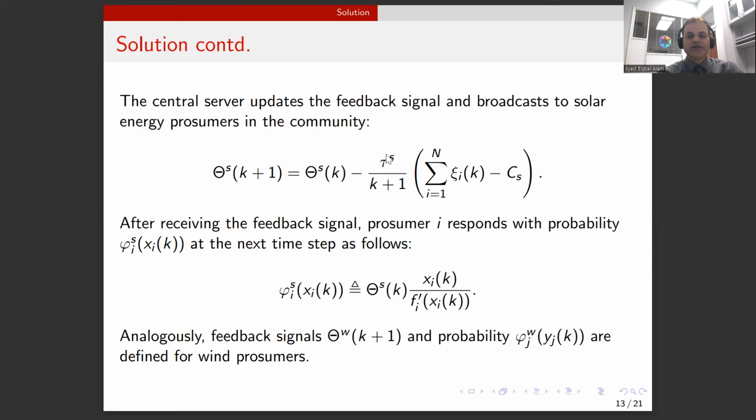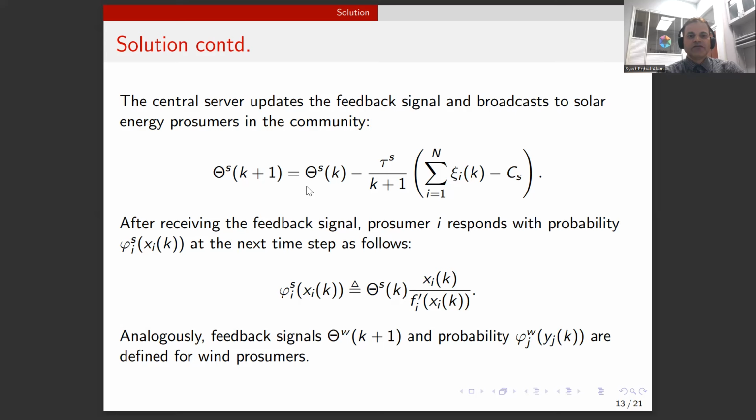Here notice that tau_s is the step size, which is in (0, 1). So tau_s is constant, but tau_s over (k+1) is decreasing over time.